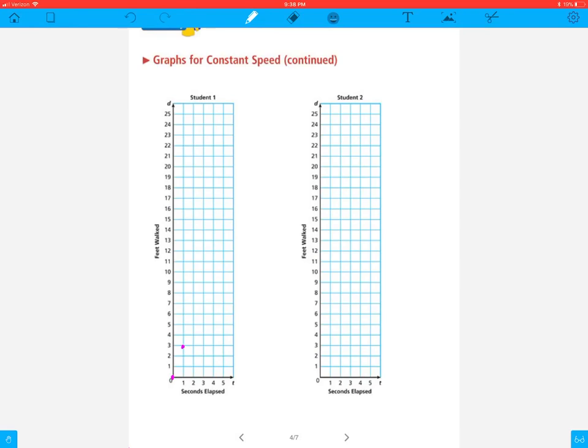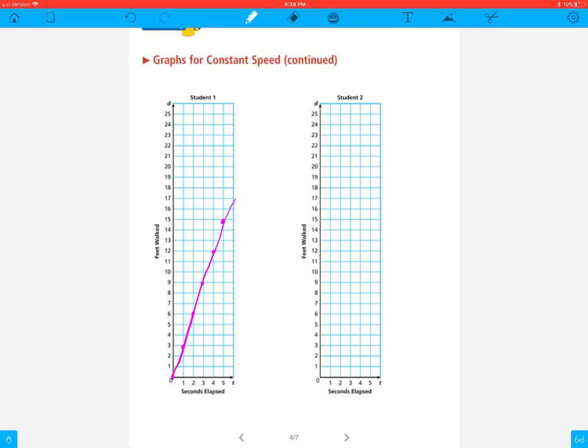So I'm going to go over to the right to the 1, and I'm going to go up 3. I go over to the right to the 2, and then I go up to 6. I'm going to do this until I reach 5, and I should be at the 15 by the time I get to the 5.